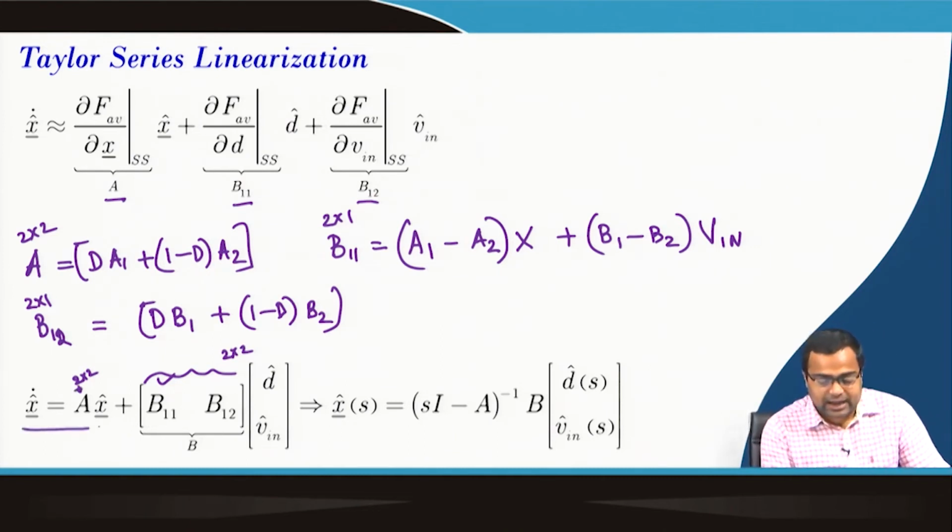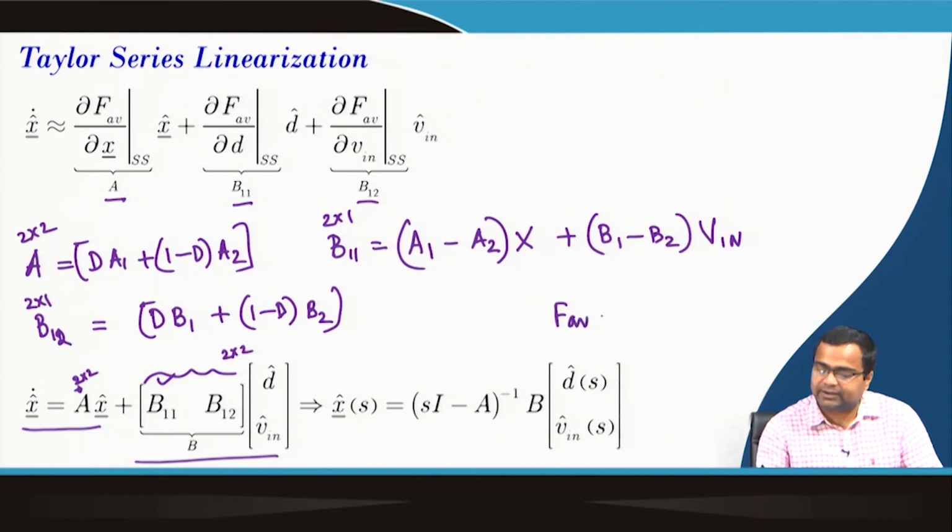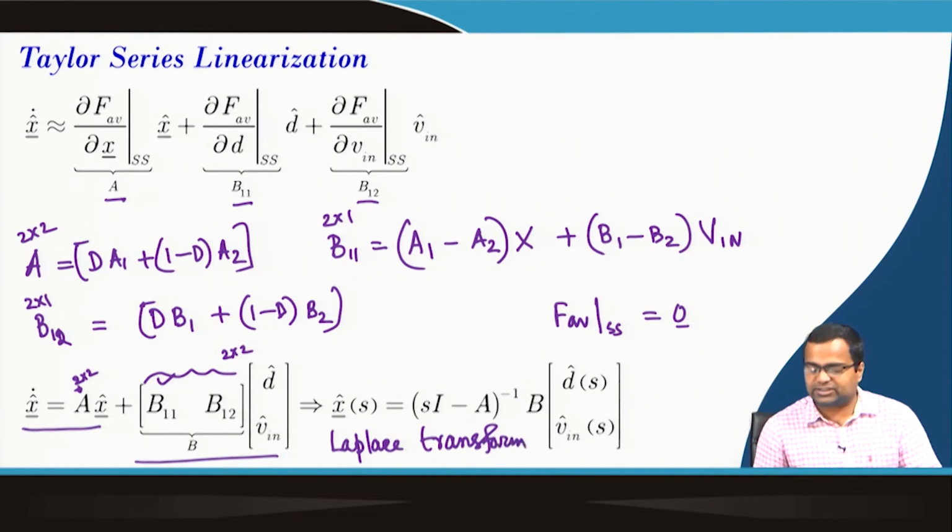So, now after writing this per term model, where we have ignored the higher order term and the DC offset term was set to 0, because under operating condition, we wrote that F_AV steady state was a null matrix. Then we got this linearized model, and now we can apply Laplace transform to find this transfer function.